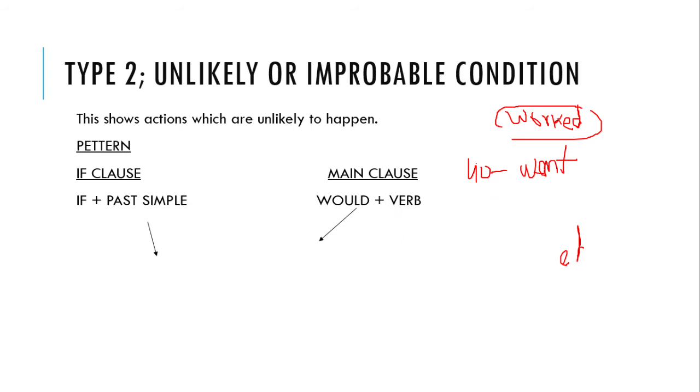Go, work, find. So for the unlikely condition, the verb should be in positive in the main clause. Here it should be in the past simple, but in the main clause it should be in its positive form.